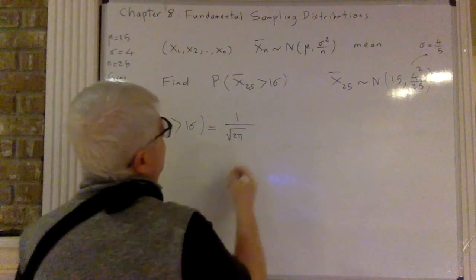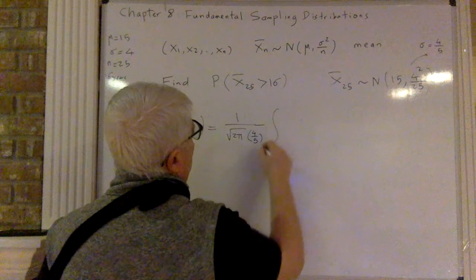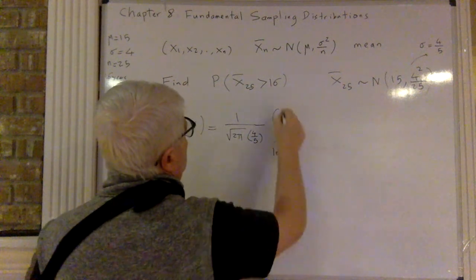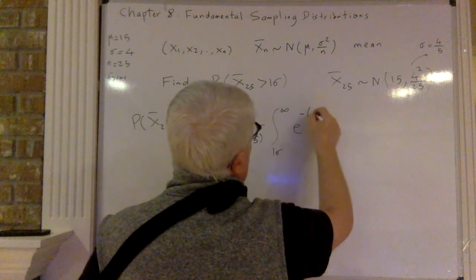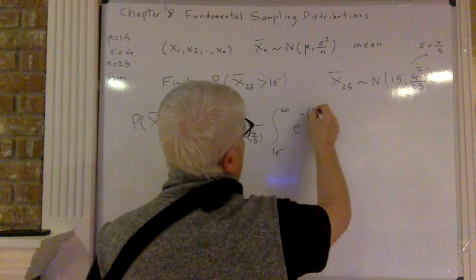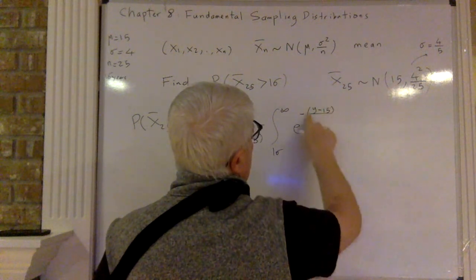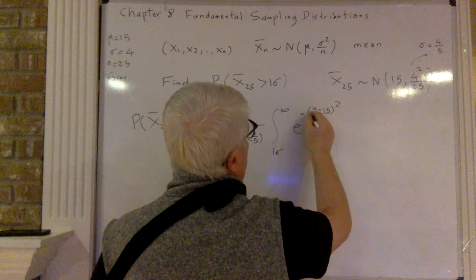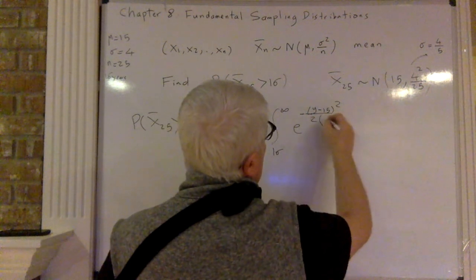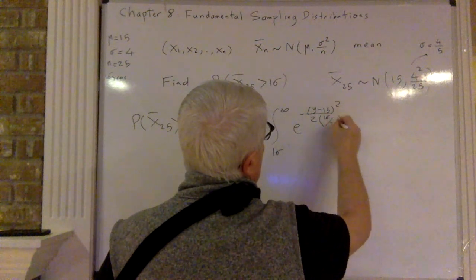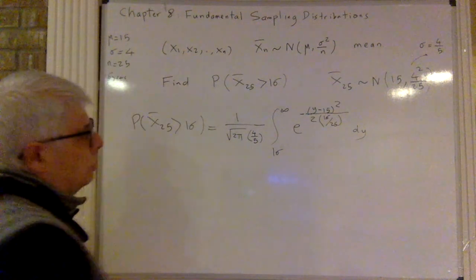So square root of 2 pi times 4 over 5, integral from 16 to infinity of e to the power minus, on top I have y minus mu, 15, squared, over 2 sigma squared. 2 times sigma squared, which is 16 over 25, and dy. Okay?